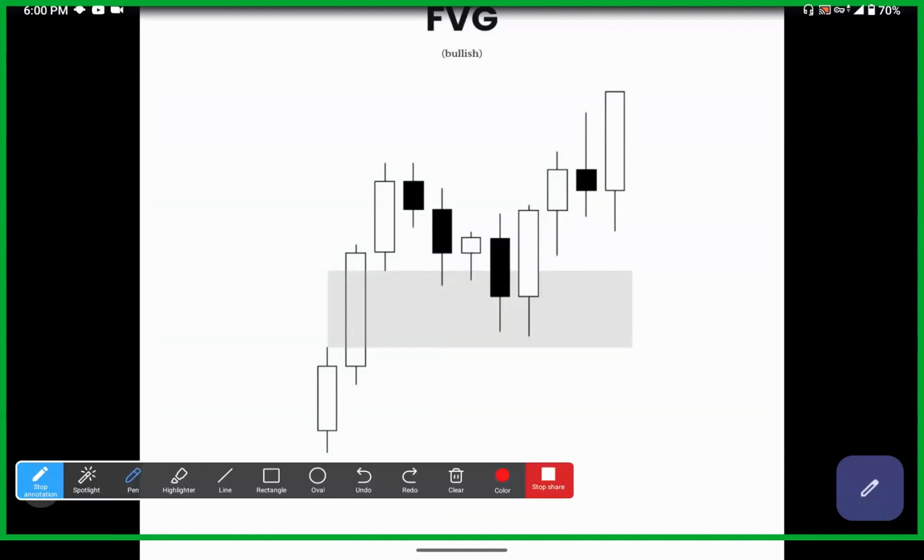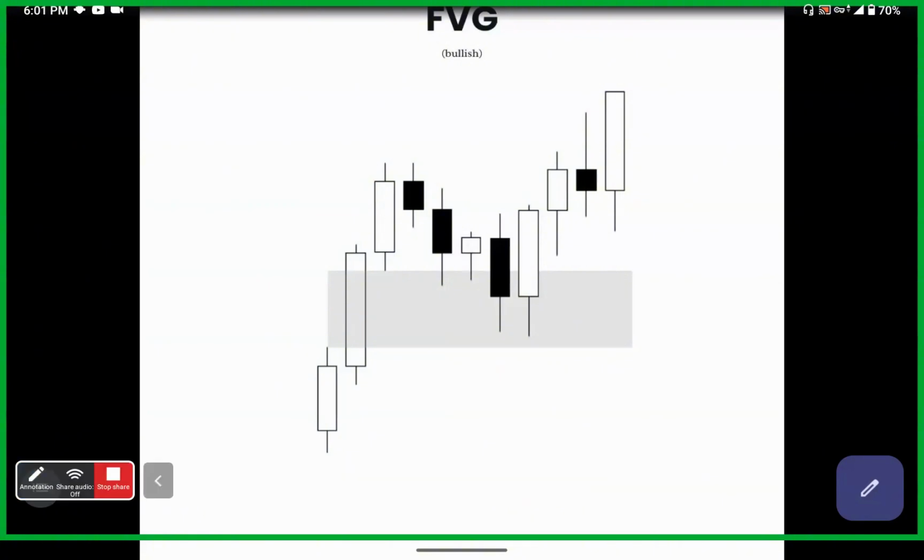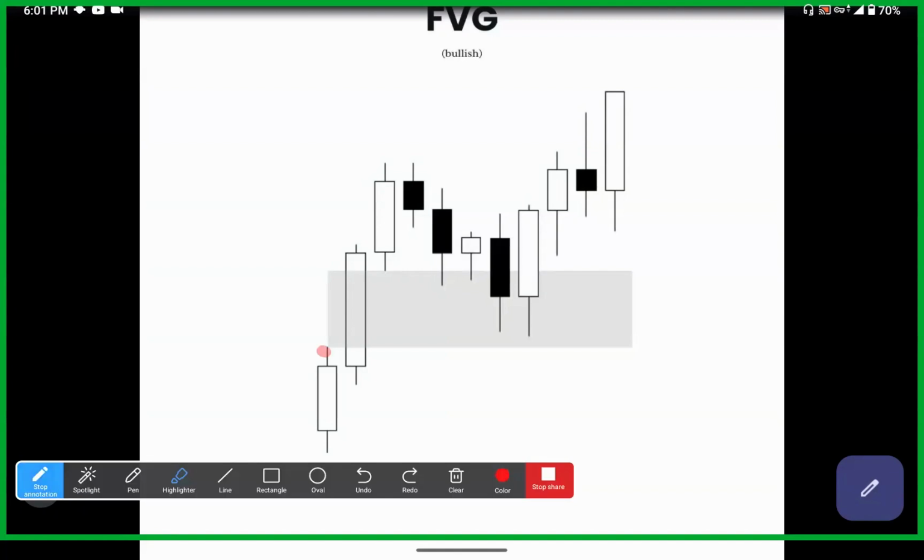So I told you this is the first candle, second candle, third candle. A fair value gap is the gap between the wick of the first candle where it stops and the wick of the third candle where it stops.